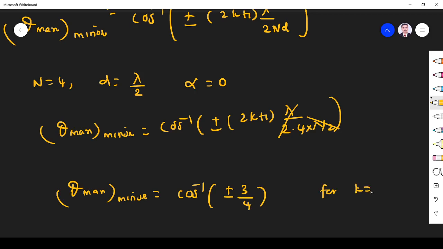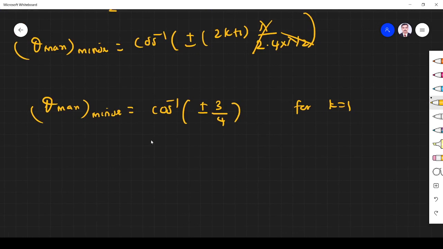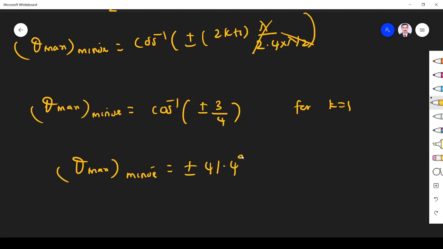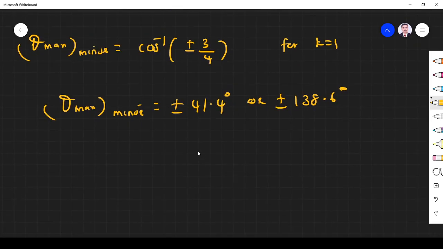So this will give theta max minor is equal to plus or minus 41.4 degree. You take your calculator and find the cos inverse of 3 by 4, or plus or minus 138.6 degree, right?